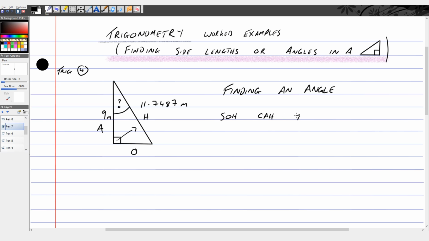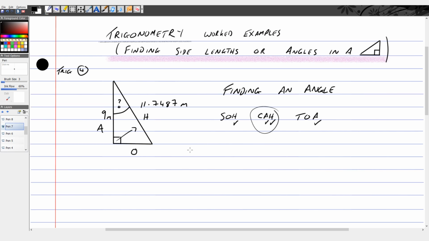Is it cos? Or is it tan? So which sides do we know or want to know? Well, we know the hypotenuse, so tick the hypotenuse. We know the adjacent, so tick adjacent. The only trig function that has the hypotenuse and the adjacent is the cosine or cos.